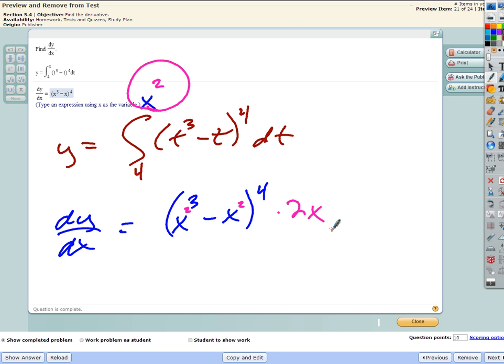As x gets bigger, not only are we adding up area, with the height determined by the function, but we're sweeping out area at a greater rate because we're sweeping along horizontally faster. How much faster? 2x. That's the rate at which x squared changes; that's what that derivative is.